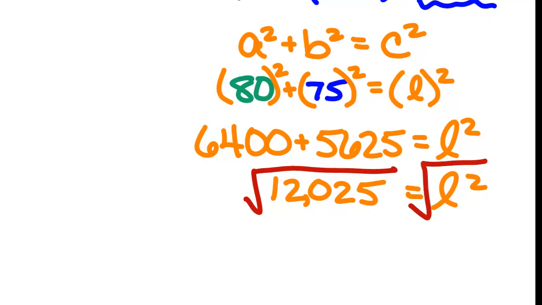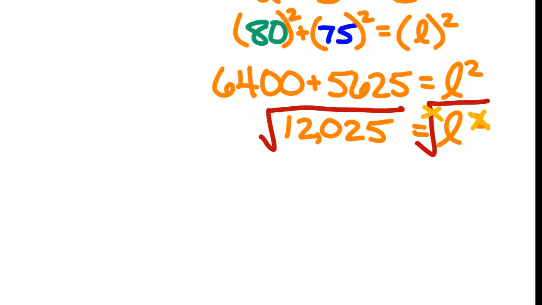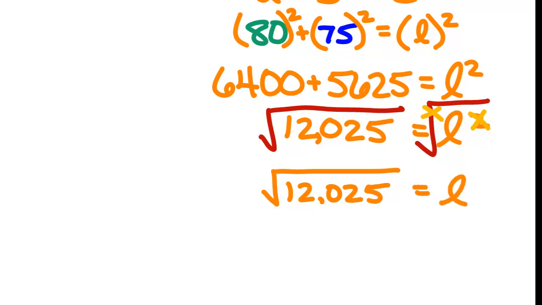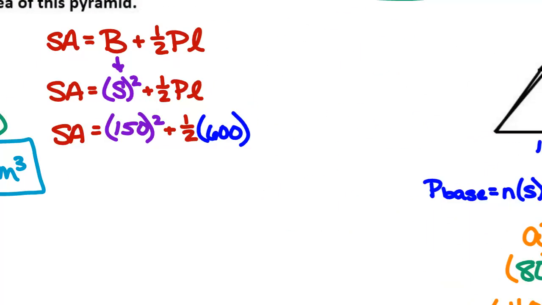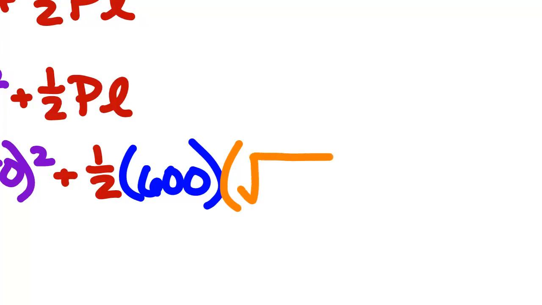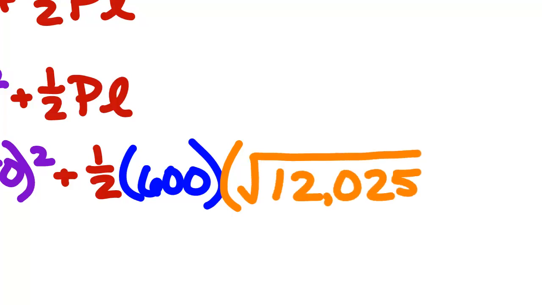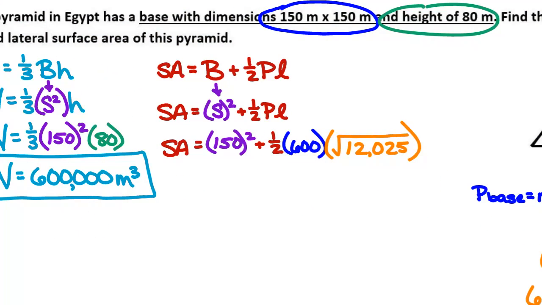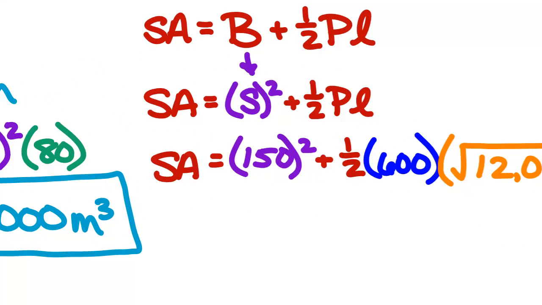Then we take a square root of both sides. Not a good number. So let's leave it in its exact form. Let's leave it radical, square root of 12,025 for our slant height. Let's do the easy part first.